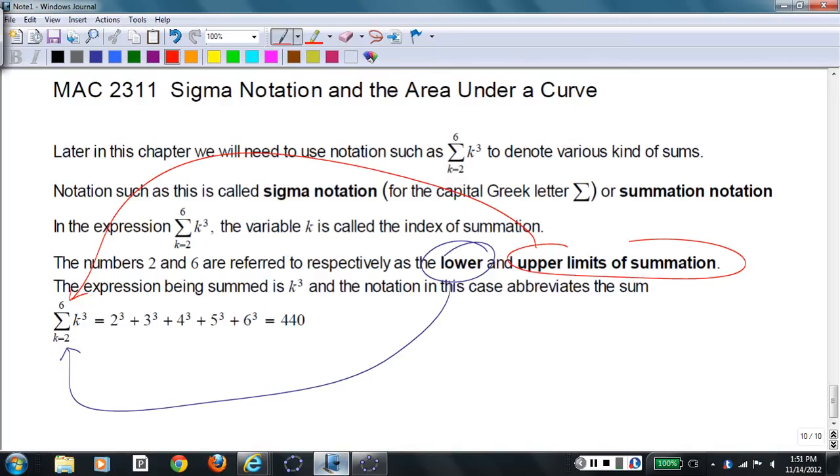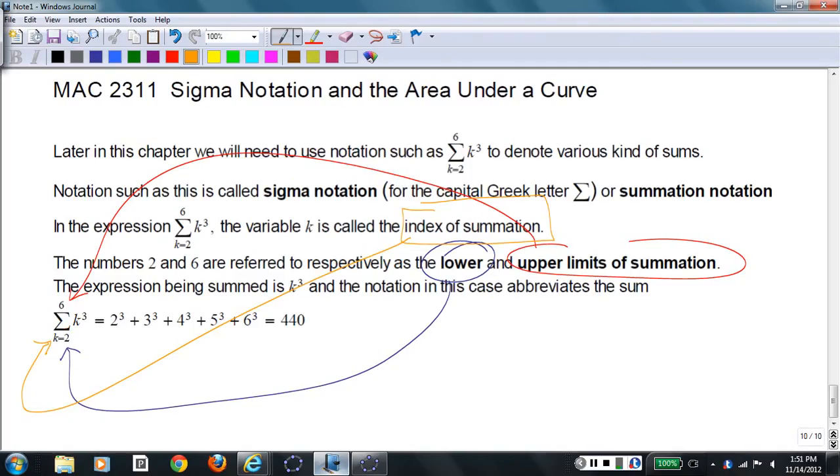There is the index of summation. The index of summation is k. Typical letters used for the index of summation: I, J, K, M, and N. There might be others that could work, but those are by far the most common. And, of course, capital Greek letter sigma, denoting that it's the sum.